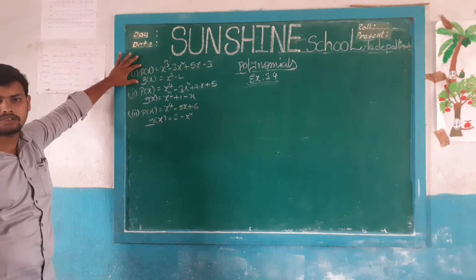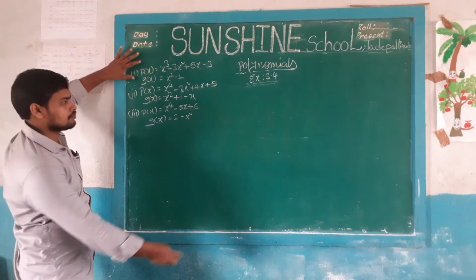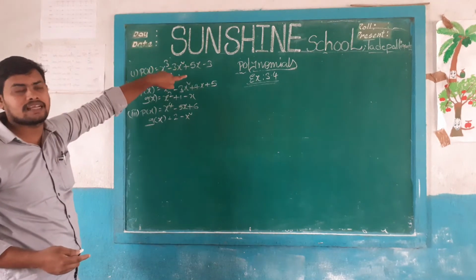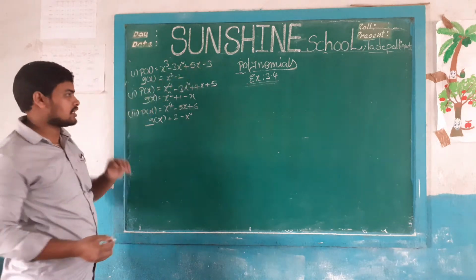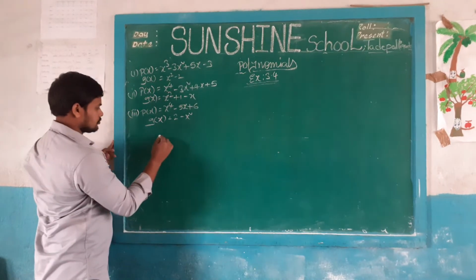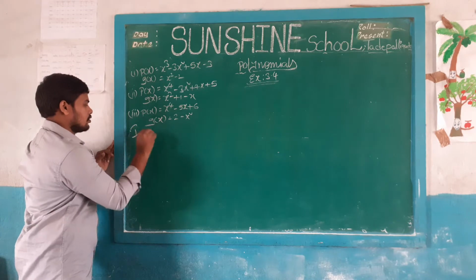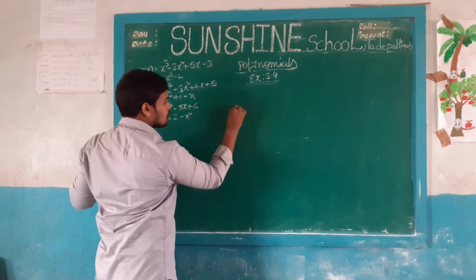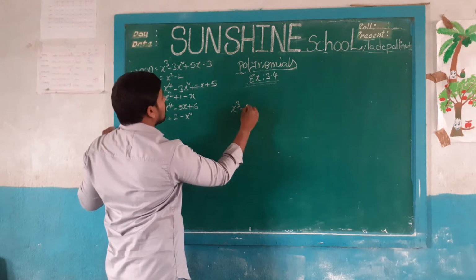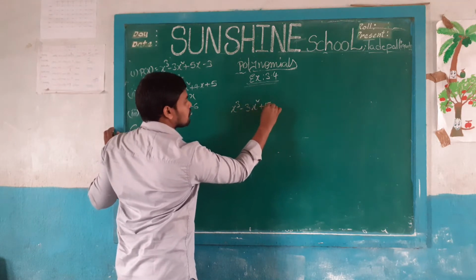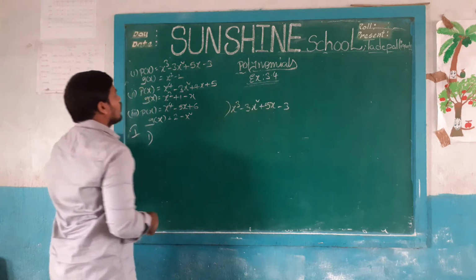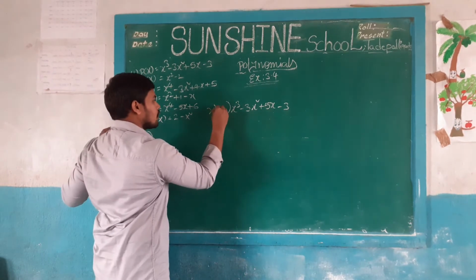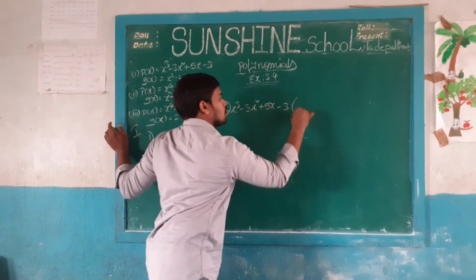First, I should consider the first sum. What is the value of p of x here? X cube minus 3x square plus 5x minus 3. And what is the value of g of x? G of x value is x square minus 2.